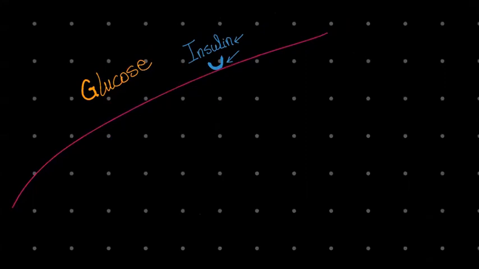In type 1, I have an autoimmune disease that causes the destruction of the islets of Langerhans in the pancreas, so I'm not able to produce insulin. In type 2, I have a problem with the receptors. The receptors are not functioning normally, so even in the presence of insulin, I don't have normal functioning receptors to induce the action of the insulin.